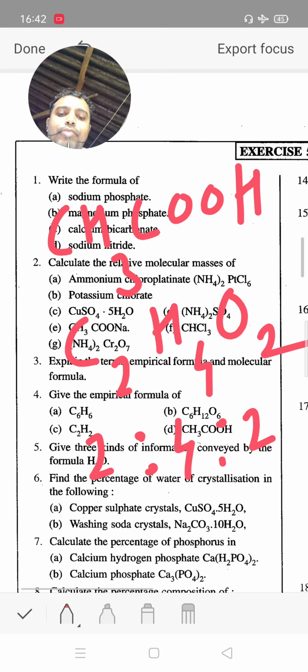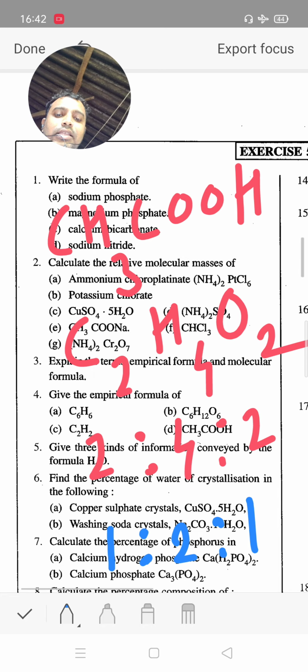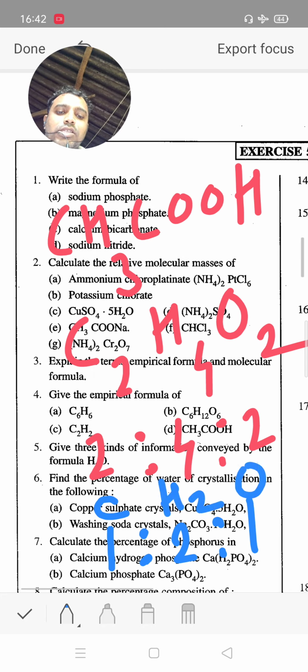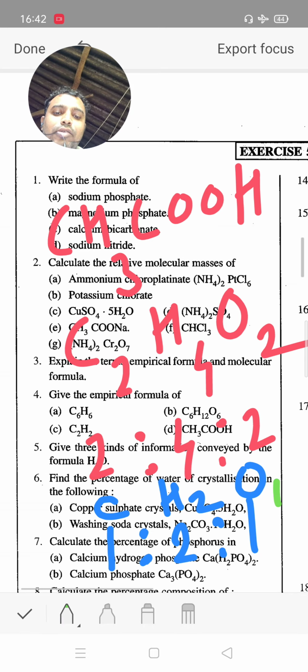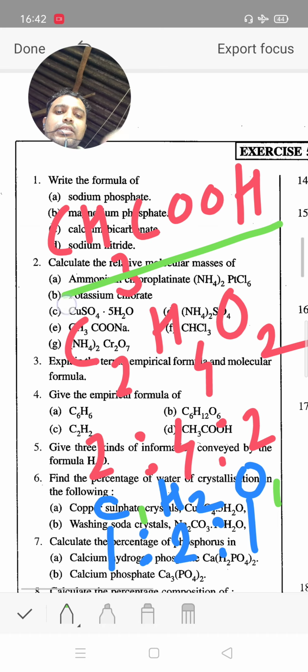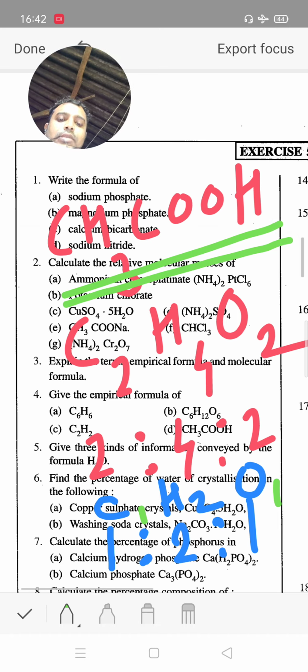It converts into the empirical formula by dividing by 2: 1 to 2 to 1. Then carbon is 1, hydrogen is 2 and oxygen is 1. It is the empirical formula of acetic acid, C1H2O1, the empirical formula of C2H4O2.